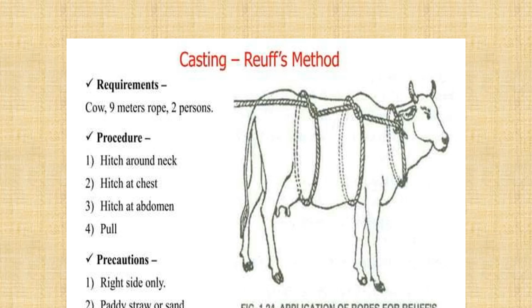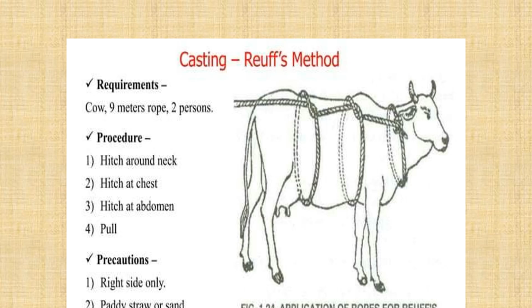Then for casting, you want the total recumbency of the animal using only the rope. Then the Reuff's method should always be employed.